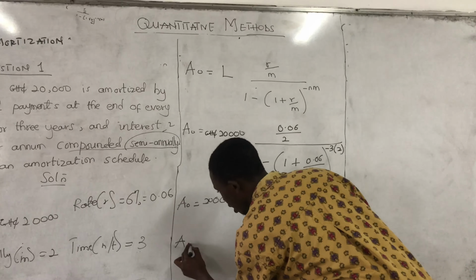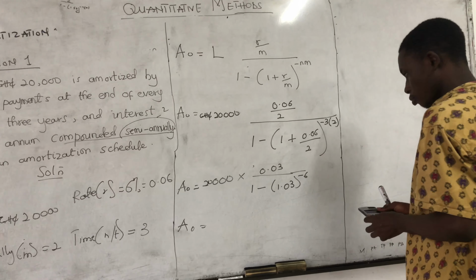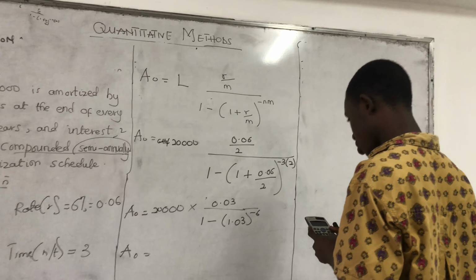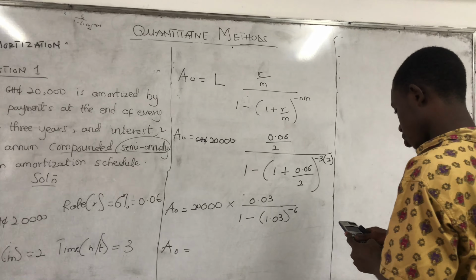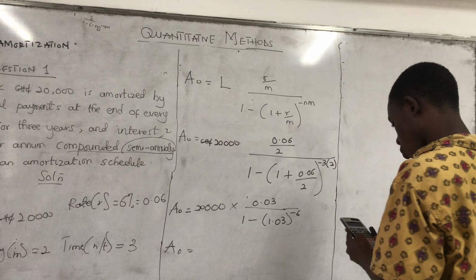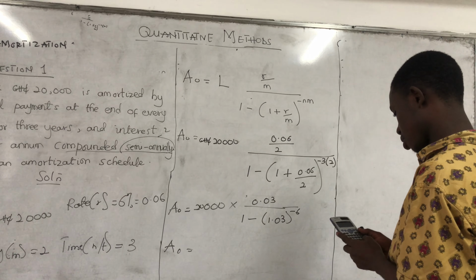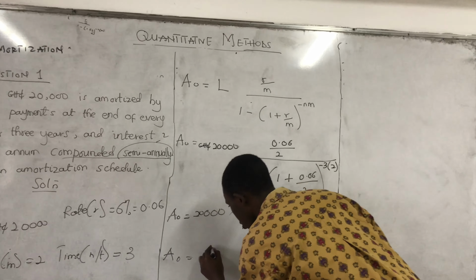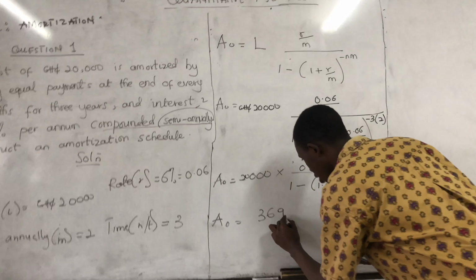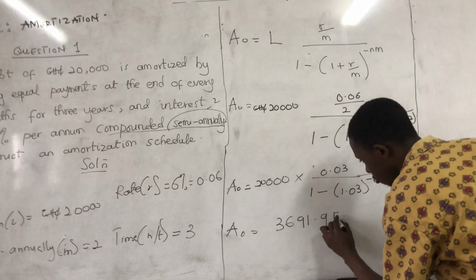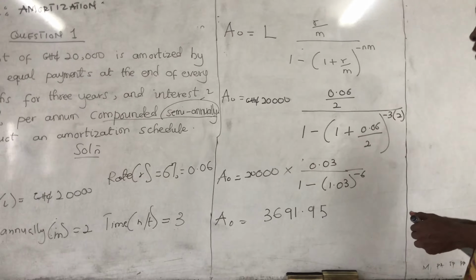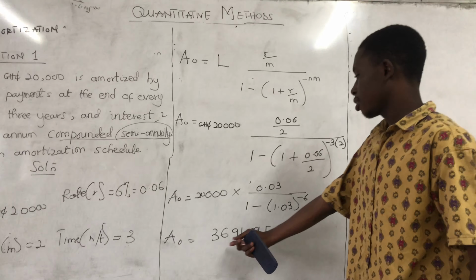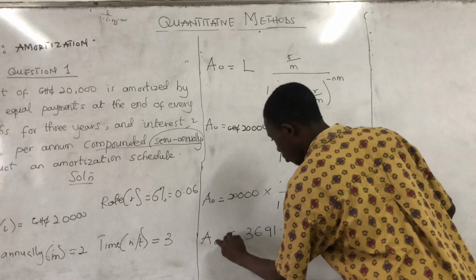So A0 is equal to 20,000 times 0.03 divided by 1 minus 1.03 to the power minus 6. I'm getting 3,691.95. So this becomes my figure for the amortization. A0 is 3691.95. It's an amount.